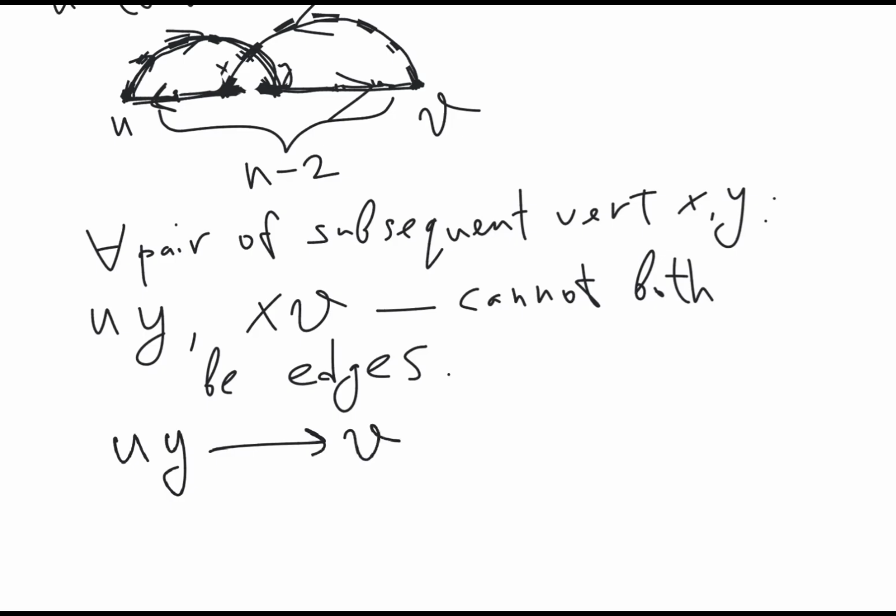So from u to y, then from y to v, like this. So let me highlight this. Yeah. So that would be a Hamiltonian path.